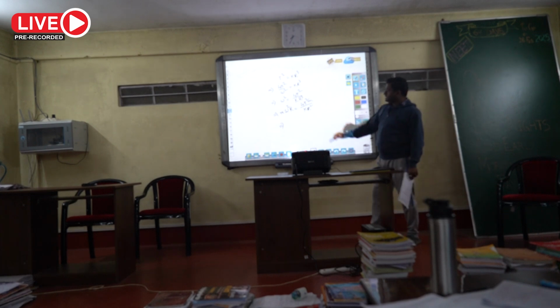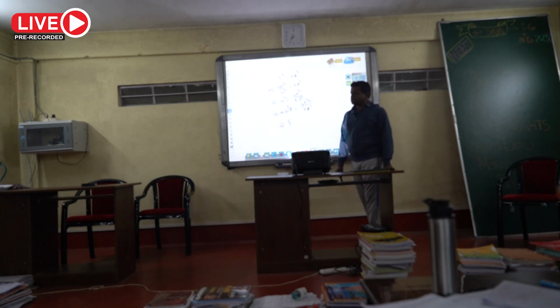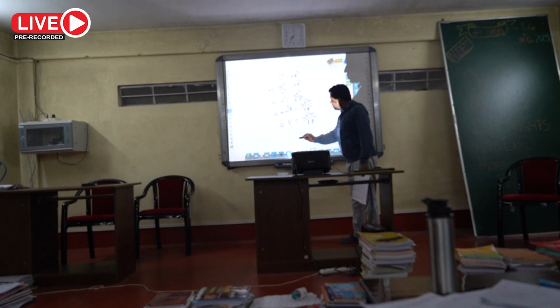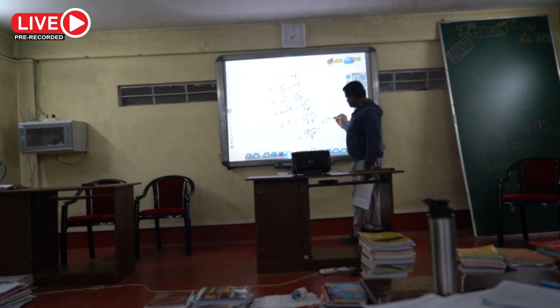So this one can be written as centripetal force. This will be equal to 4 pi square m by k r square. Now according to Newton's law, this force can be written as G into capital M into small m by r square. This will be 4 pi square m by k r square.